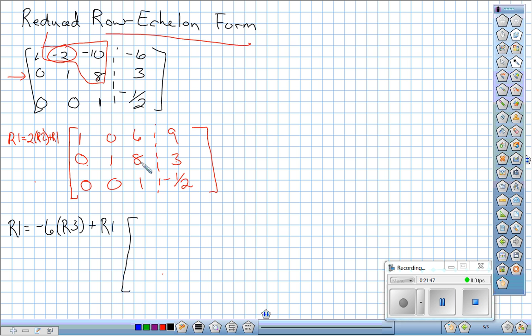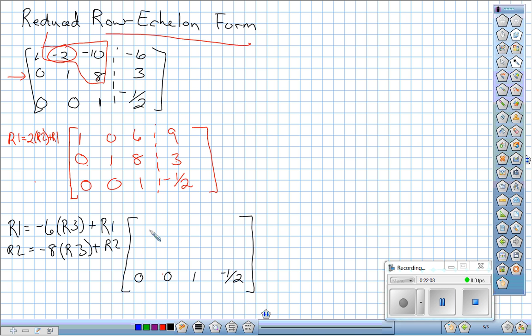Okay, and then in order to get rid of the 8, my new R2 will equal negative 8 times R3 plus R2. Since my R3 isn't changing, I like to just go ahead and rewrite it. And that makes it a little bit easier to keep track of things.